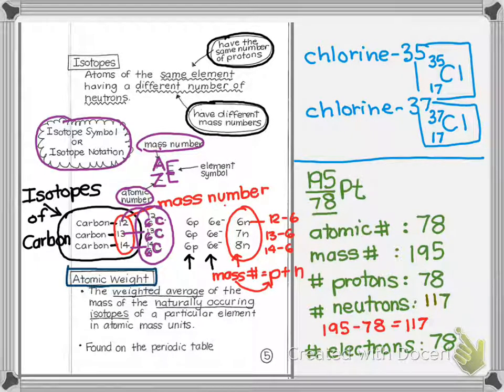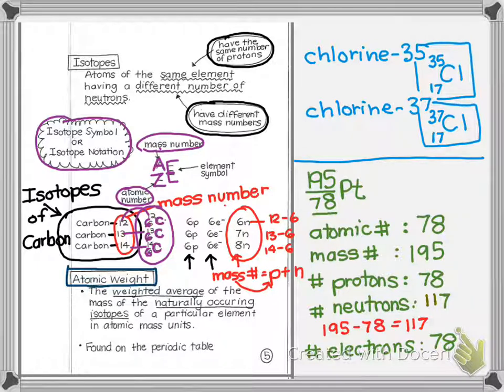So in a weighted average, if we know that chlorine 35 is about 75%, then that will count more than chlorine 37, which is about 25%. So we weight it, the one that has the more will contribute more to the mass.